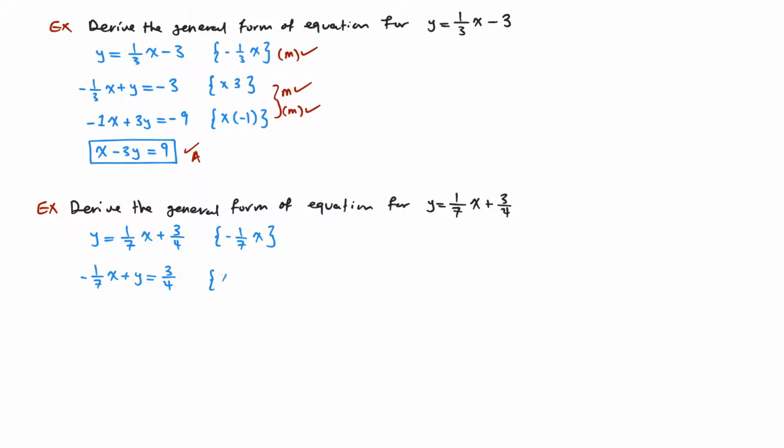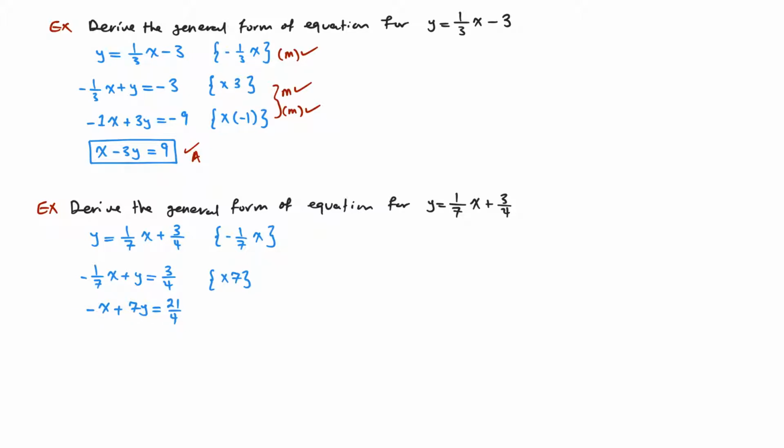So multiply everything by 7, and I get 7 times negative 1 over 7 is negative 1. 7 times y is 7y. 7 times 3 over 4 is 21 over 4. I now have a negative integer here.